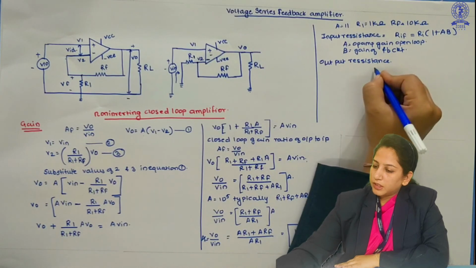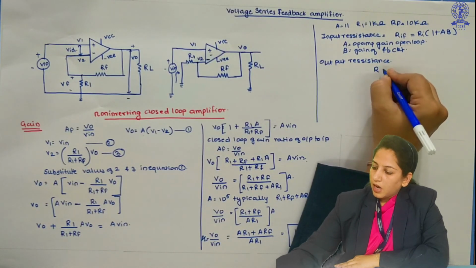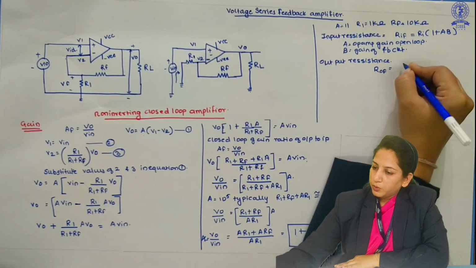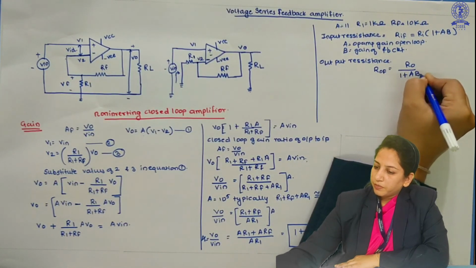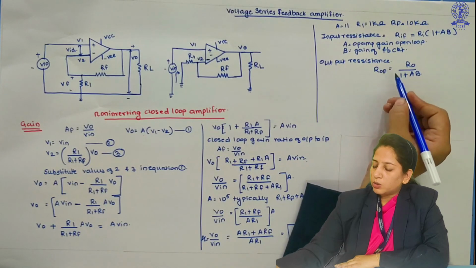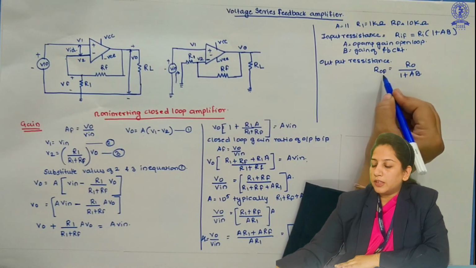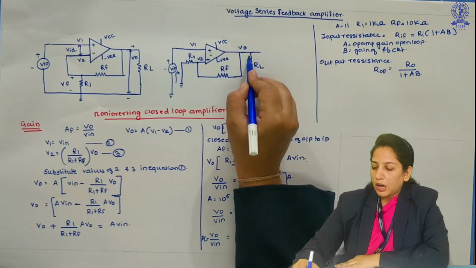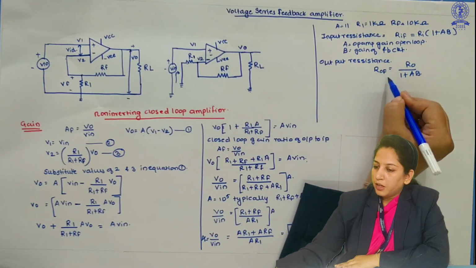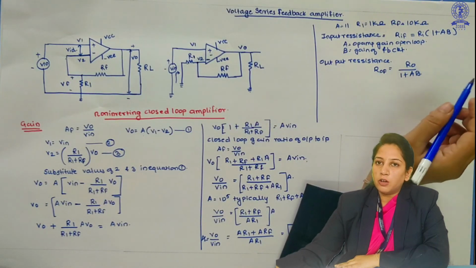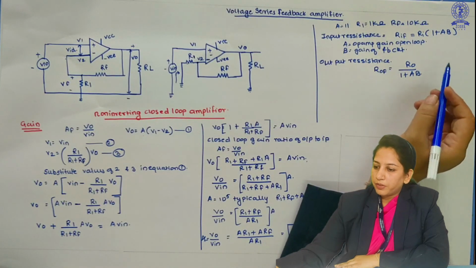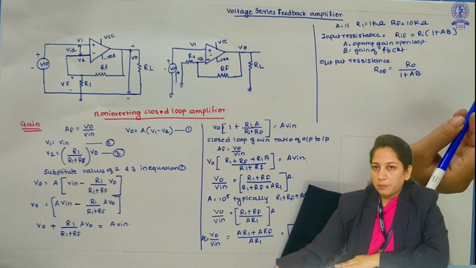My output resistance will become ROF is equal to R0 upon 1 plus AB. So here also it shows that the output resistance ROF is 1 upon 1 plus AB times that of the output resistance of the operational amplifier.